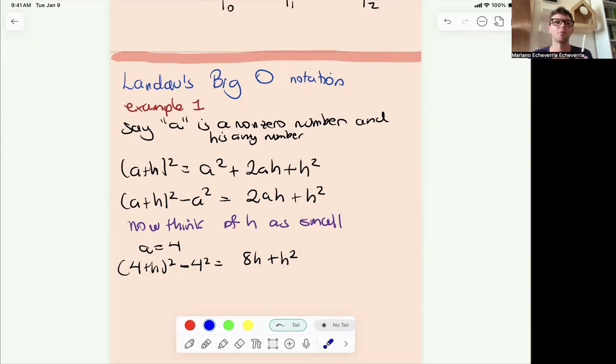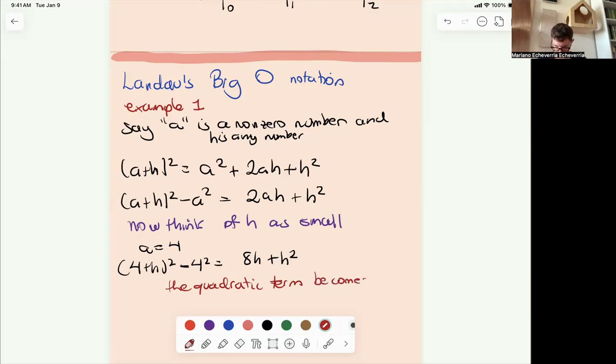So what that means is that once h is really, really small, this term becomes insignificant with respect to the linear term. In this case, the quadratic term, well, you could use the word negligible also.